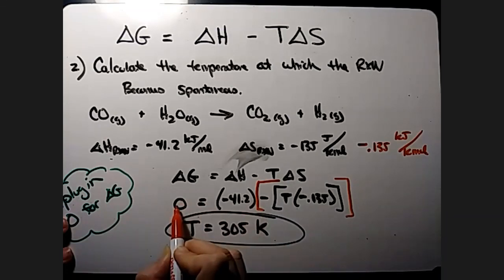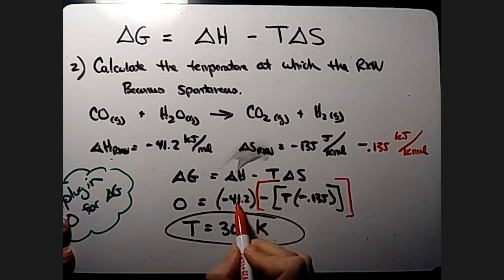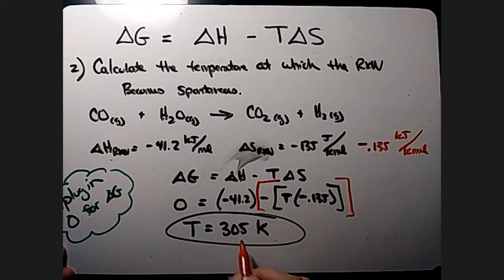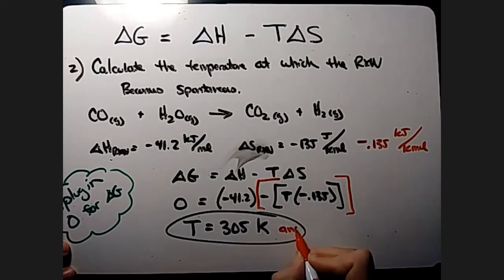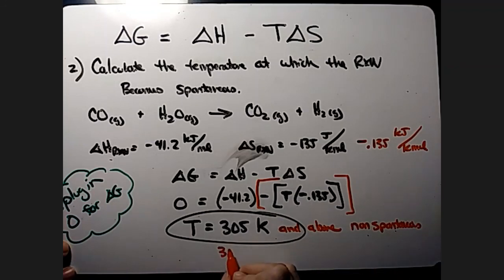That's going to end up giving us a positive delta G. But if I plug in very, very low temperatures, this might be positive, but it's not going to be as positive as this term is, and we'll end up with negative delta G values. So for temperatures 305 and above, this is non-spontaneous. And for 305 and below, it's spontaneous.